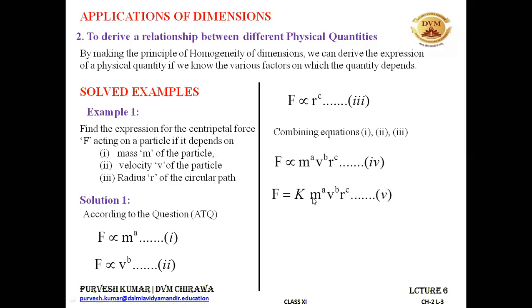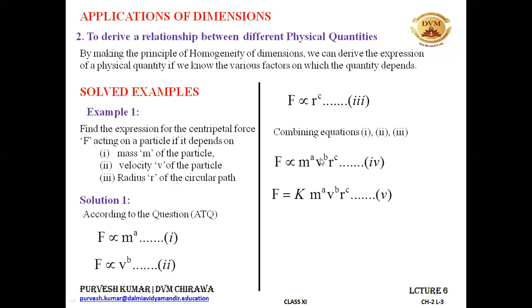For this m, capital M is the dimension. For this v, velocity, the dimension is LT minus 1. And for r, the dimension is capital L, because radius is a type of length. So please replace all the quantities involved, on either the right hand side or the left hand side, with their dimensions.